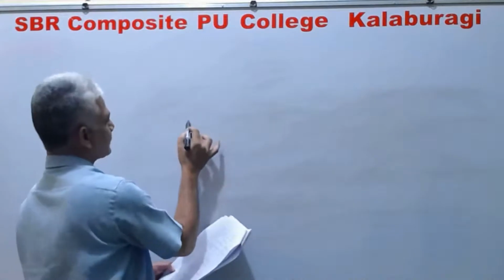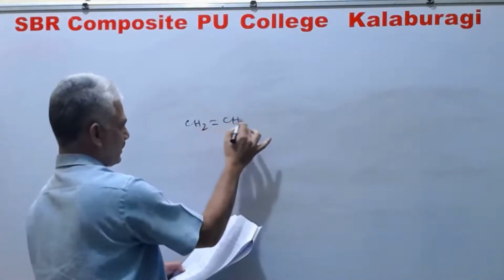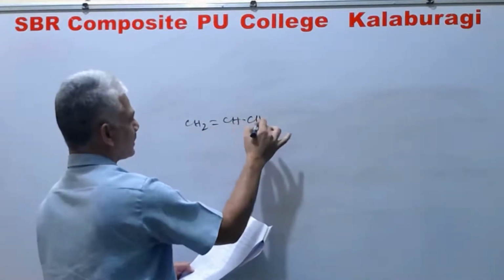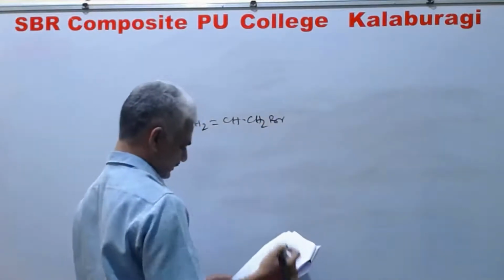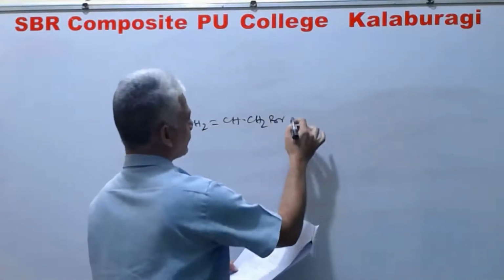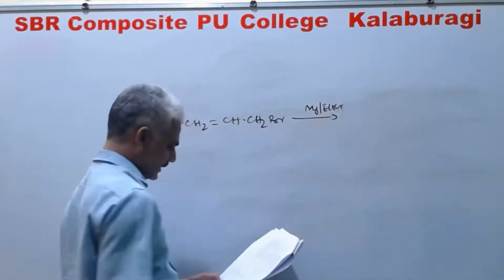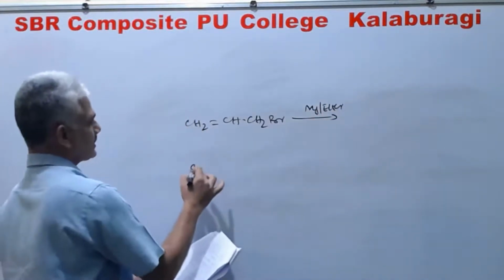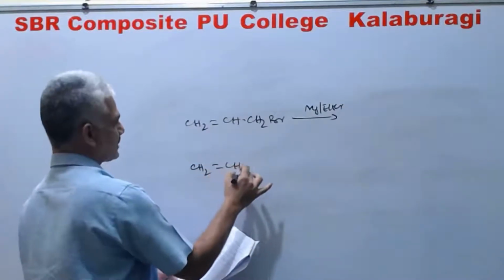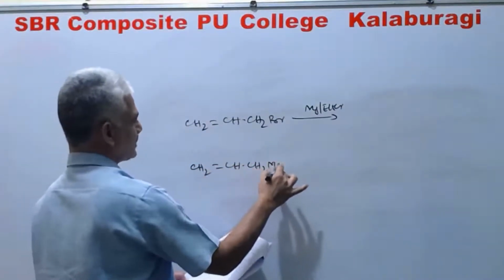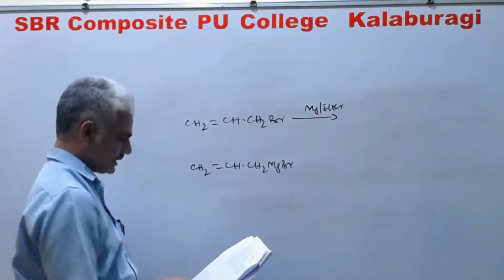The reaction mentioned is CH2=CH-CH2Br. First, this is made to react with magnesium in the presence of ether. So first you will get CH2=CH-CH2MgBr as the Grignard reagent.